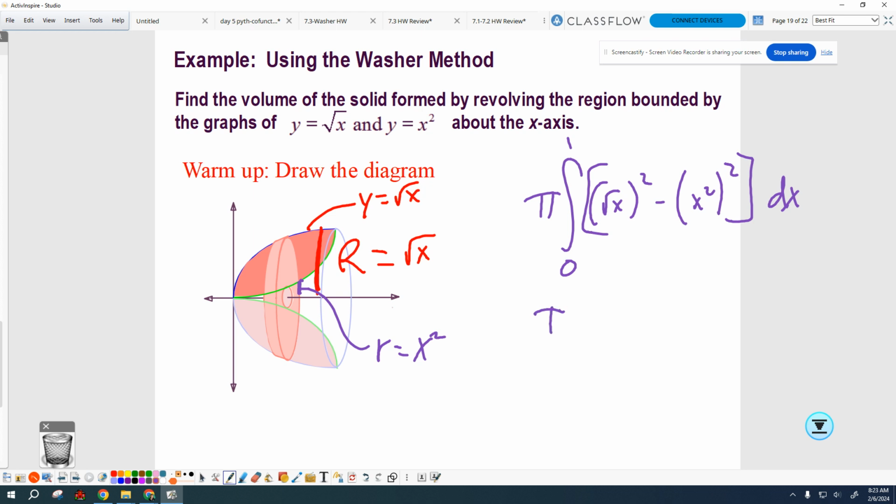All right. To integrate square root of x squared, that is x. Raise the power, divide by the new power.